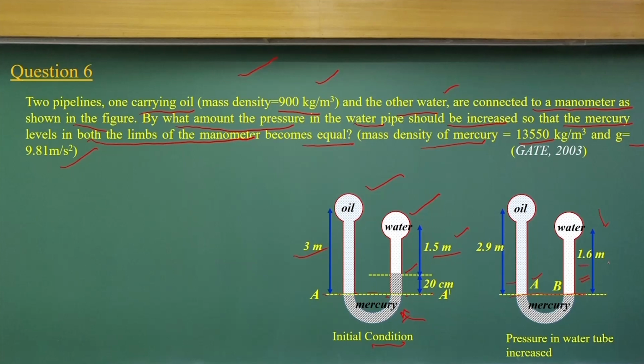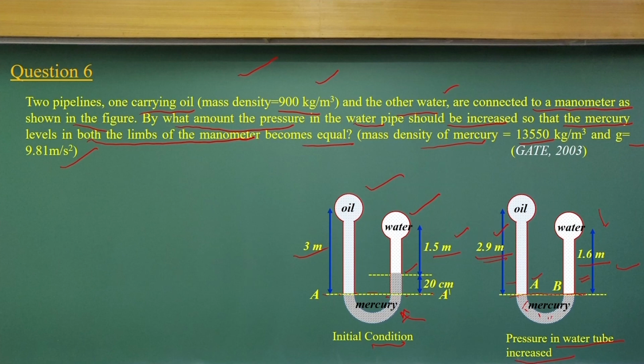So it will be 1.6 meters on this side and 2.9 meters on this side. There will be a rise on one side and a fall on the other, when pressure in the tube is increased.